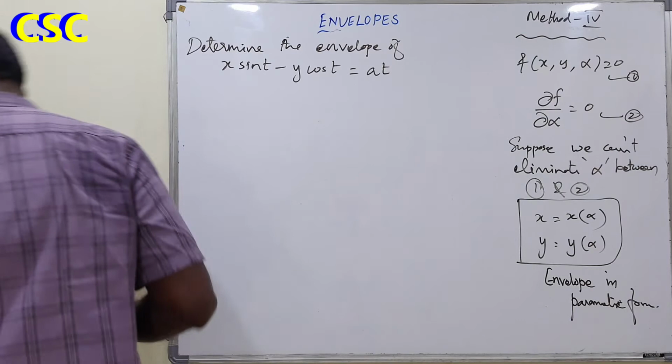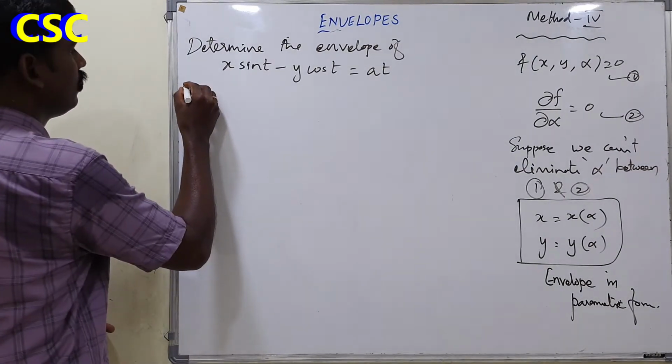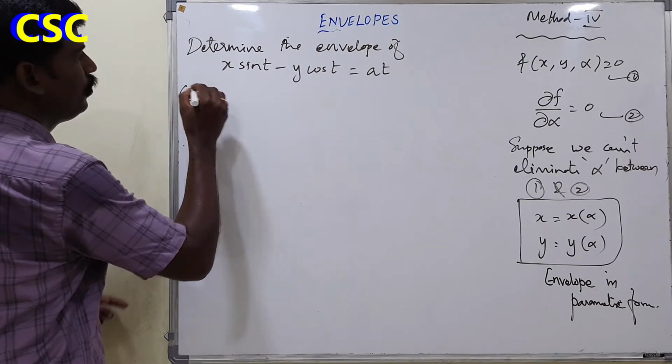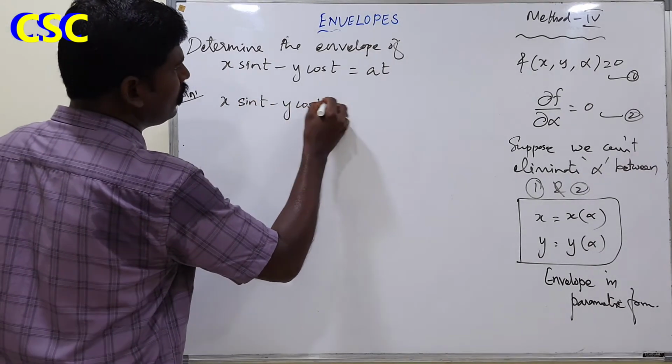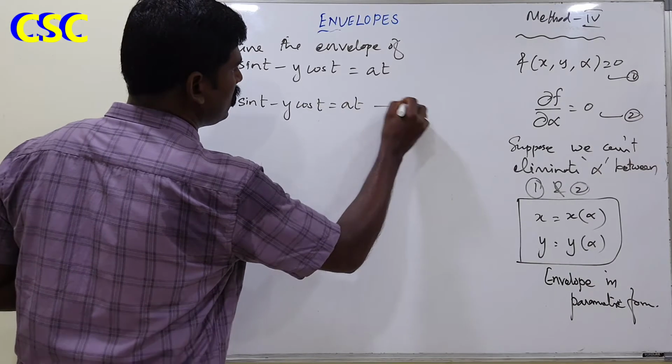Right? So given, what is given to you? x sin t minus y cos t equal to 8. Right? I call it equation number 1.